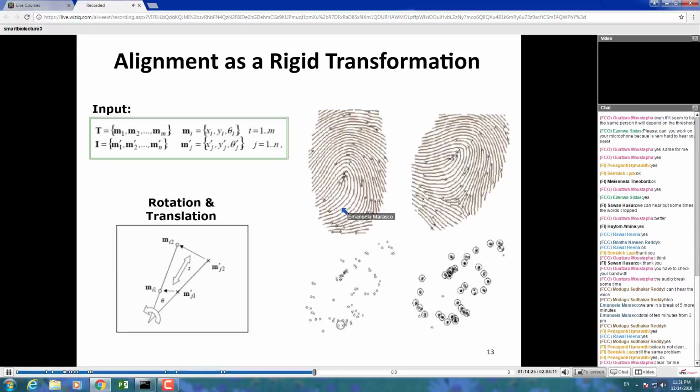So what we do is rotate and translate the set of minutiae of the template so that we can project them into the same coordinate system as the query. You can see that we have rotated from this angle to this angle.